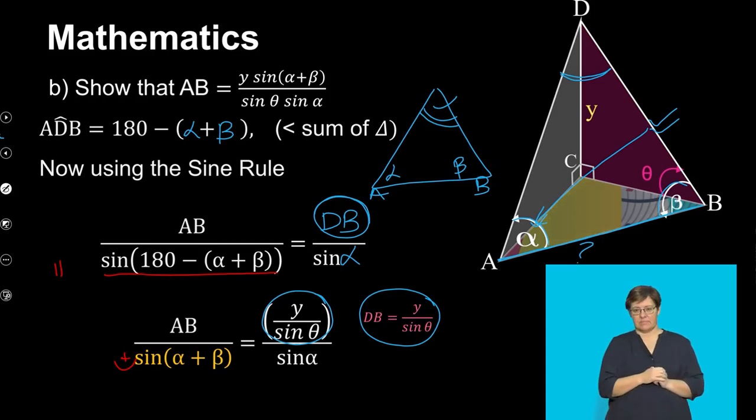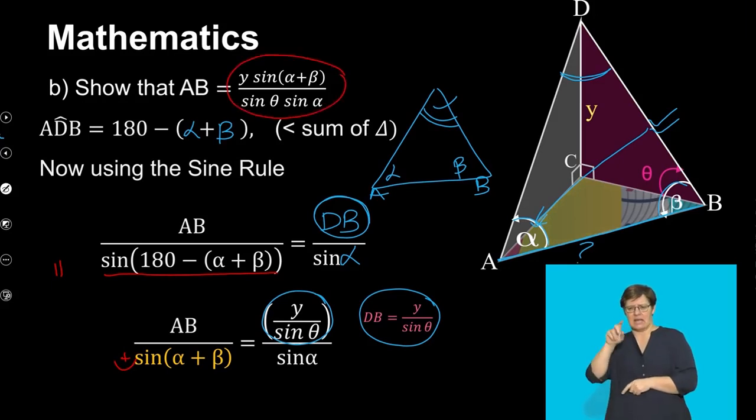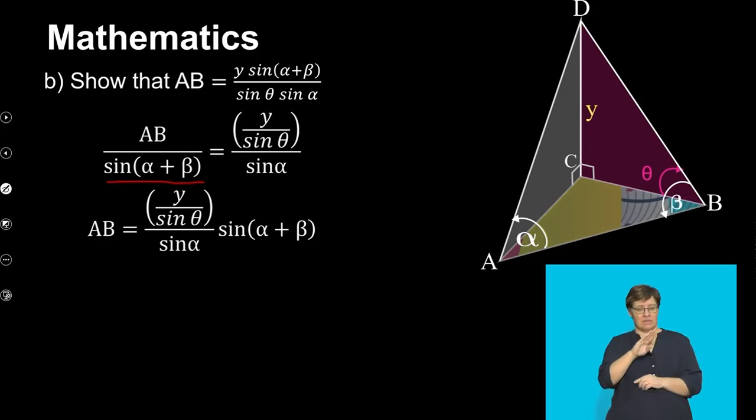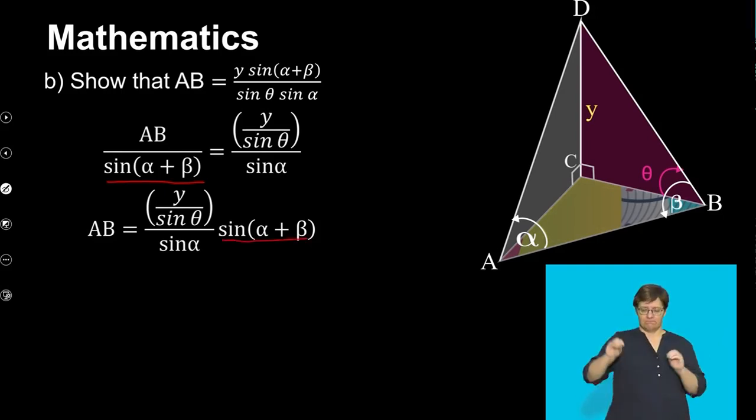Okay, so now we have an expression for AB that looks kind of complicated. AB over sine of alpha plus beta equals y sine theta over sine of alpha, and we need to make it look like this. So it just requires a bit of algebra to finish off. We're first going to multiply by sine of alpha plus beta on both sides, and there we go.